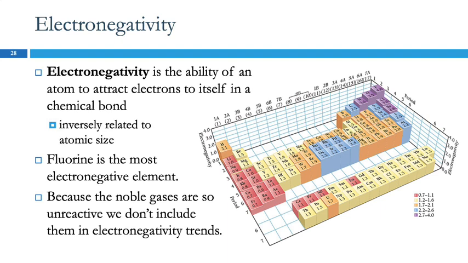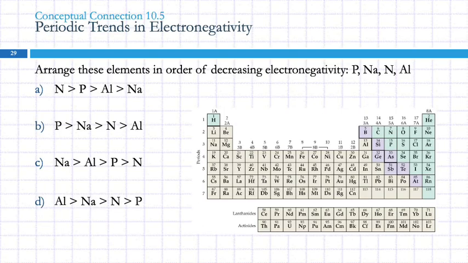Personally, the way I remember electronegativity is fluorine is the top dog, and so whoever's closest to fluorine in general is a higher electronegativity. Notice who's missing here, who got cut off on the end there. Noble gases. The noble gases form almost no bonds, so they just left them off, okay?